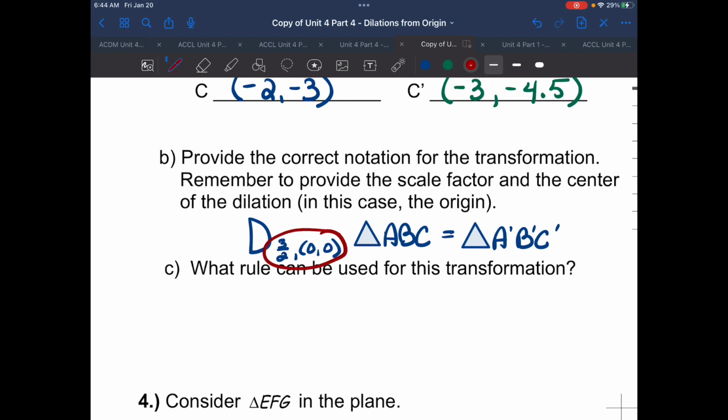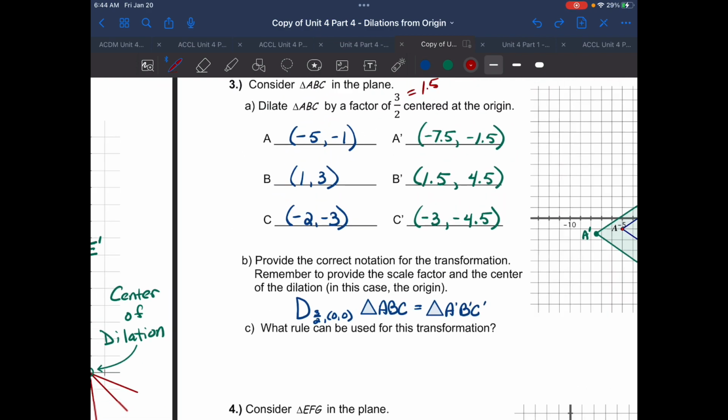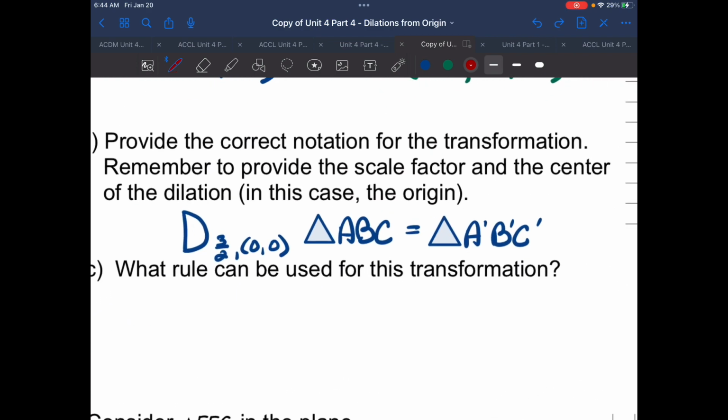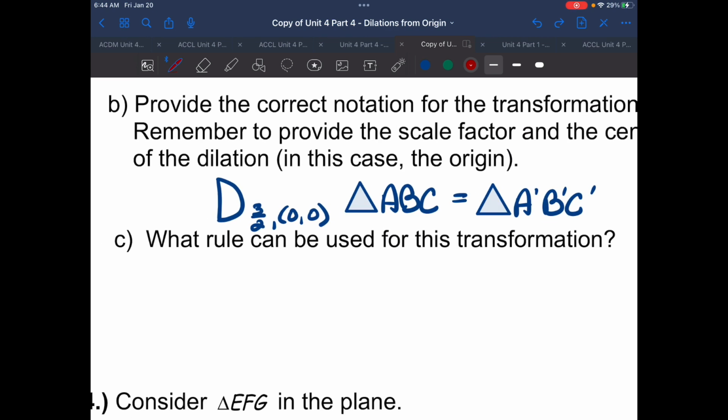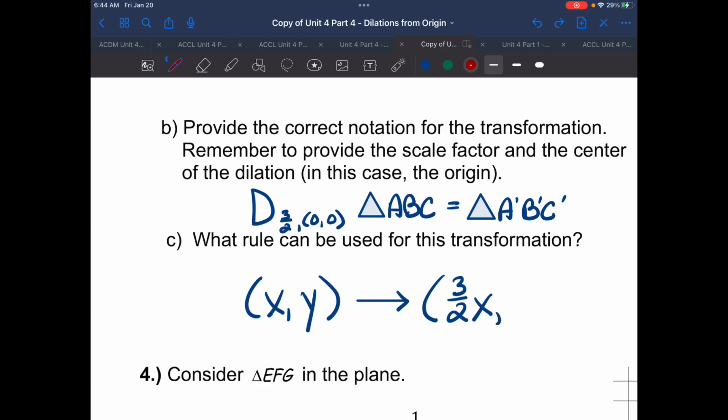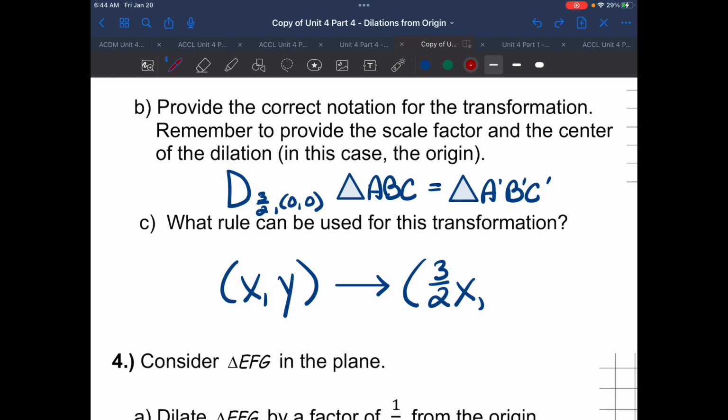different important subscripts. All righty, now the rule for this transformation was to simply multiply the x-coordinate and the y-coordinate by 1.5 or 3/2. So I'm going to start to set up my rule as x comma y maps onto 3/2 times x and 3/2 times y.